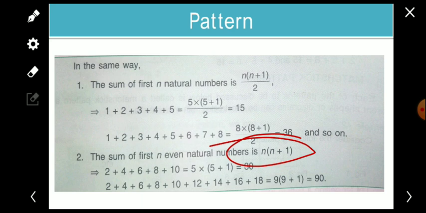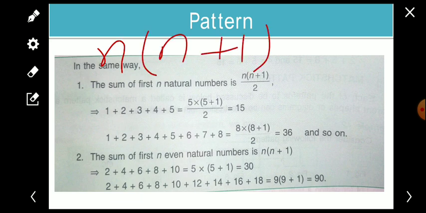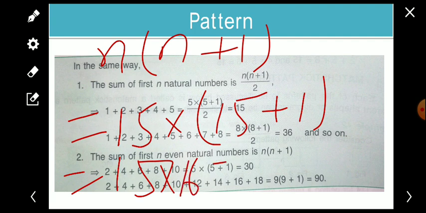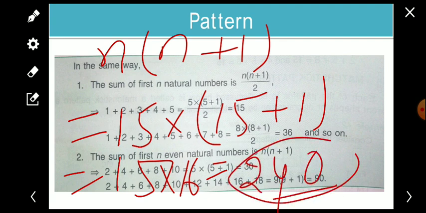If I tell you to find the sum of the first 15 even numbers, then what will you do? What is the formula? n into n plus 1. So we have 15 numbers, so 15 into 15 plus 1, it means 15 into 16, and you multiply it, whatever value you get will be the answer. 16 5s are 80 and 16 8s are 24, so 240 will be the answer.